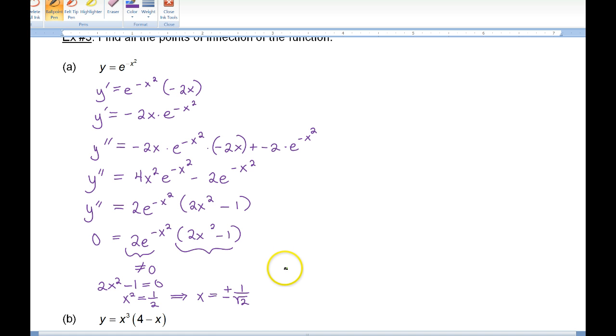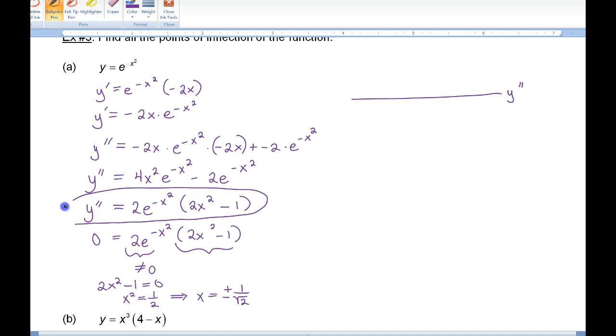Okay, so I'm going to create my number line. Now remember, when I do the number line, if I'm doing points of inflection, I'm looking at just the second derivative. So I'm just looking at plugging it in here. So I'm going to put negative 1 over root 2 and positive 1 over root 2.